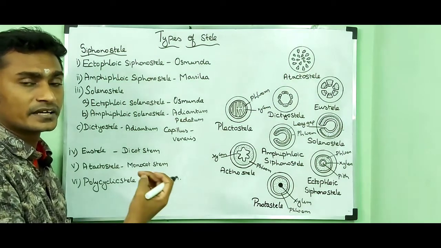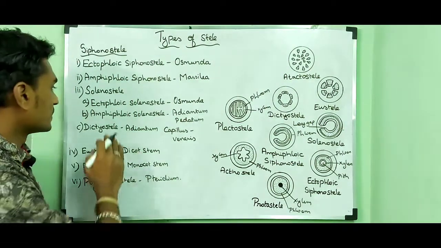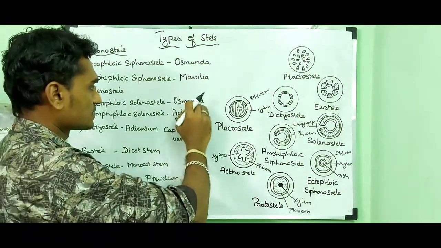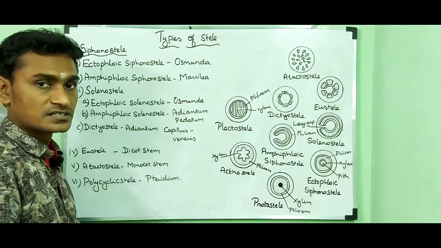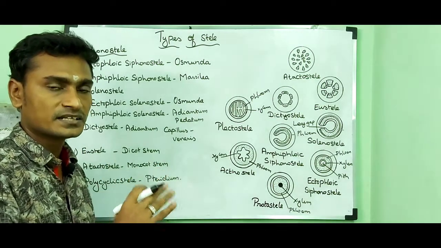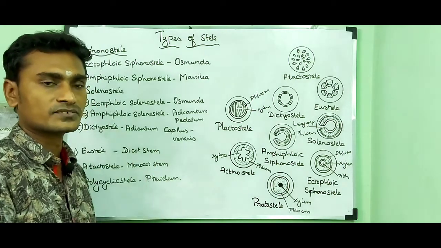Solenosteel can again be divided into three types. They are ectofolic Solenosteel, example Osmunda. Xylem surrounded by the phloem, pith at the center, and it contains the leaf gap.